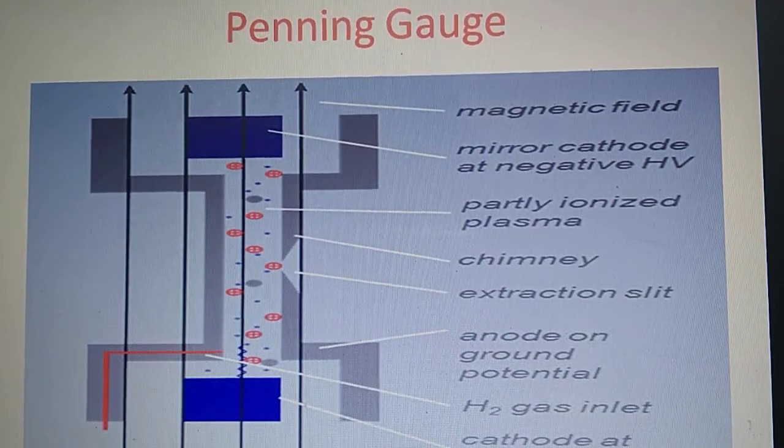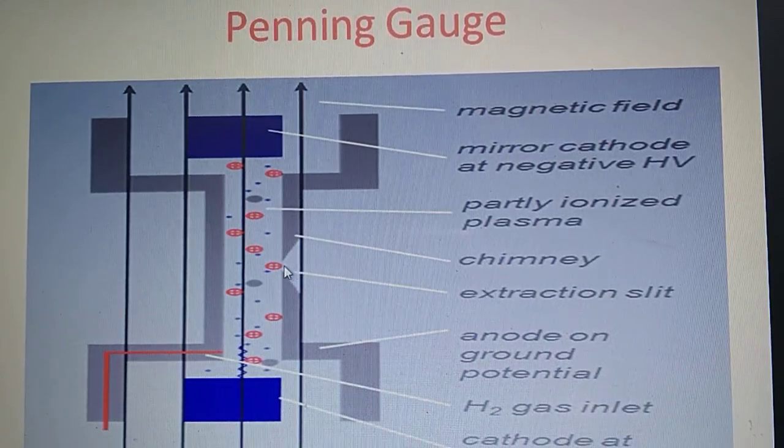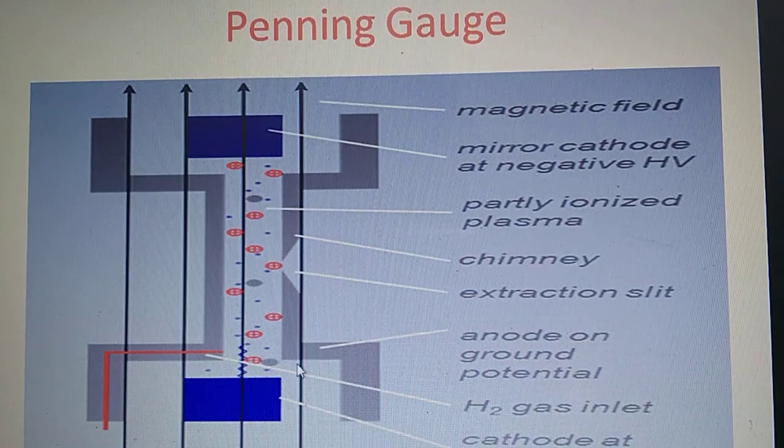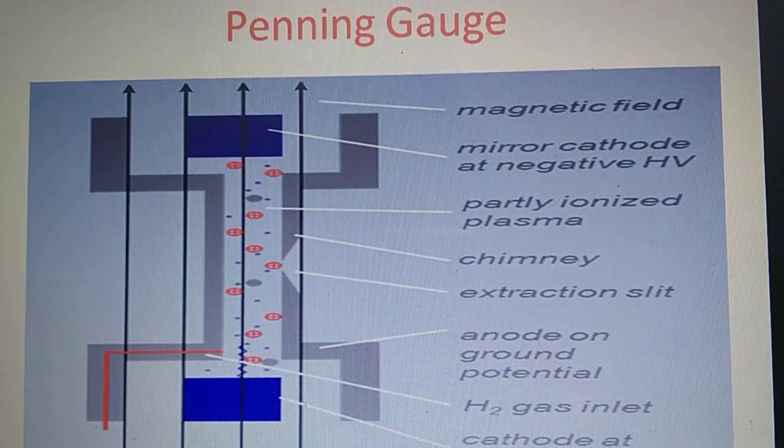And at the right side there is a small slit between the two gray colored bars. This is called an extraction slit, and this is the anode on ground potential. And this red colored line is the hydrogen gas inlet. So you might have understood the diagram.